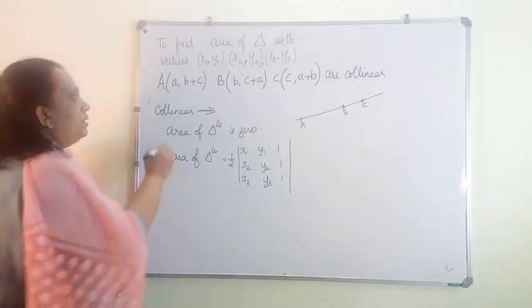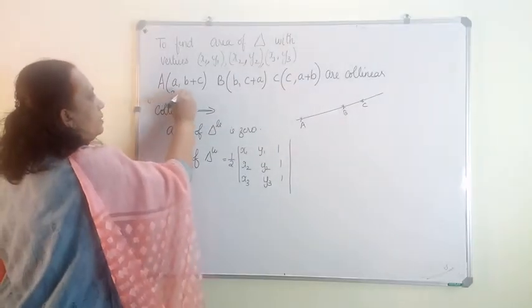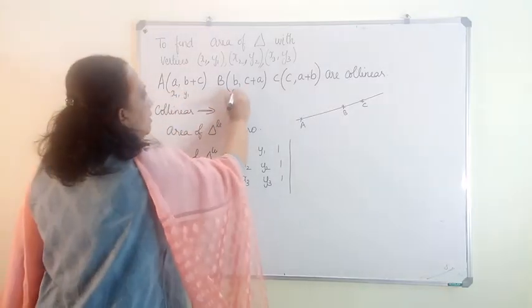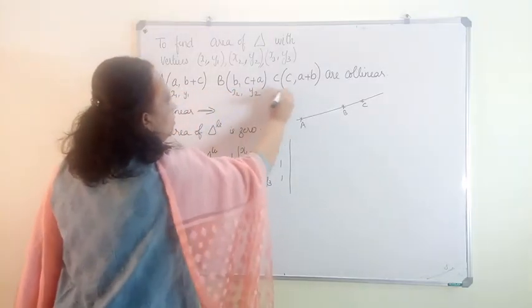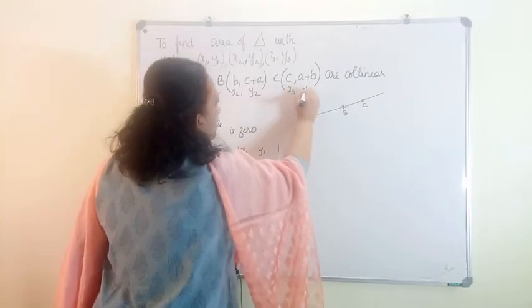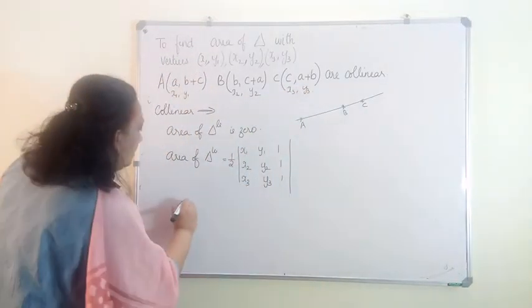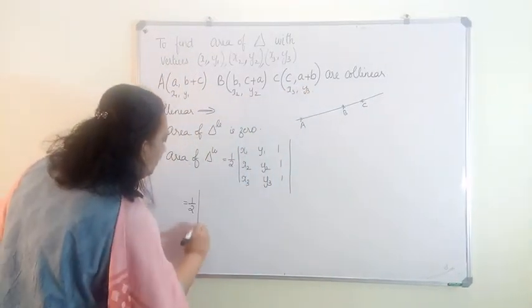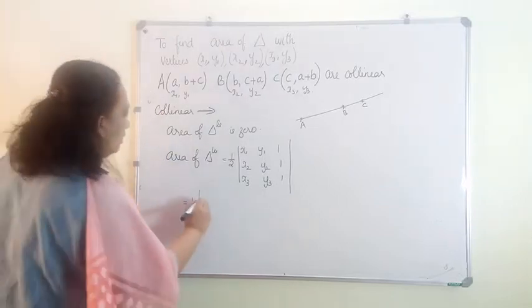Now, in order to avoid confusion, we will write here x1, y1, x2, y2, x3, y3, which is equal to half into determinant. What is x1?